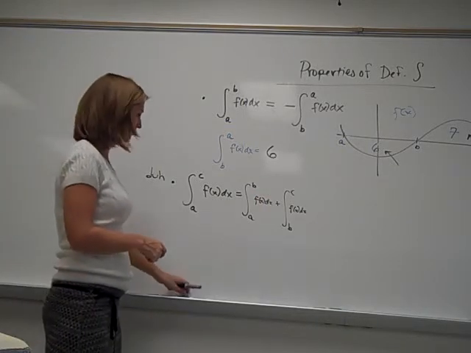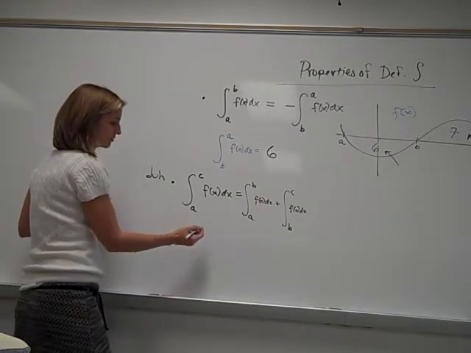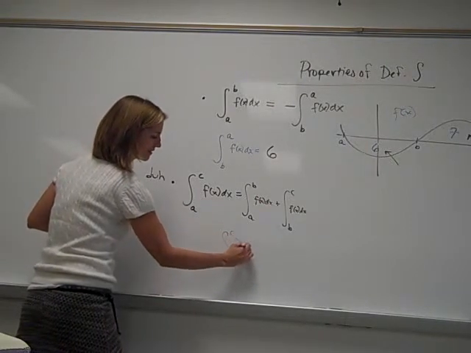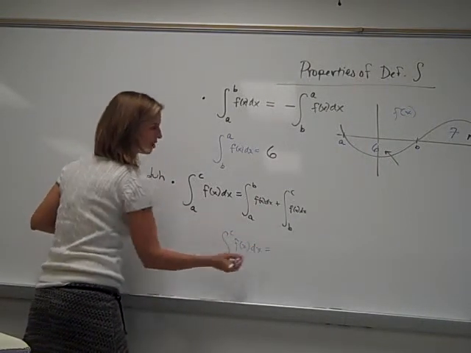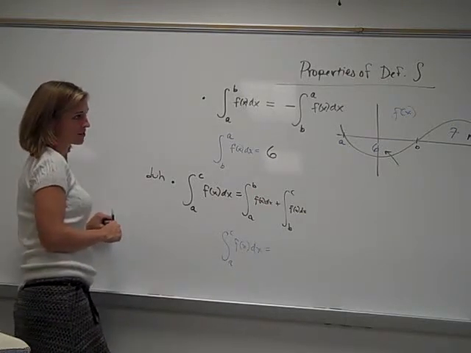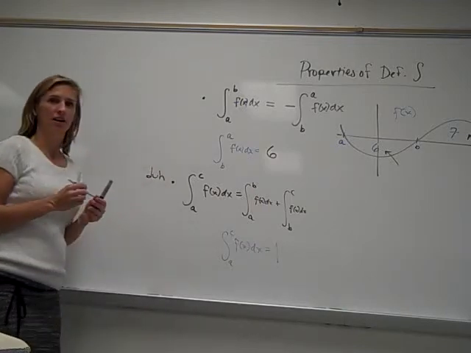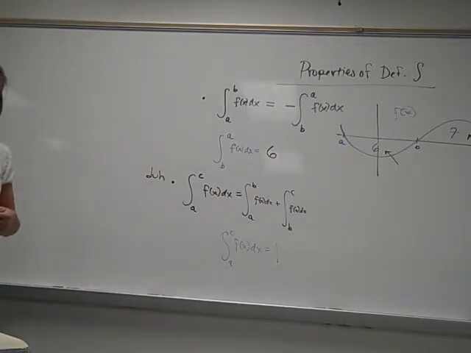So it doesn't get any harder than this, right? The integral in this case from A to C is going to be what? 13. No. 1. When I talk about integral, I'm talking net change.